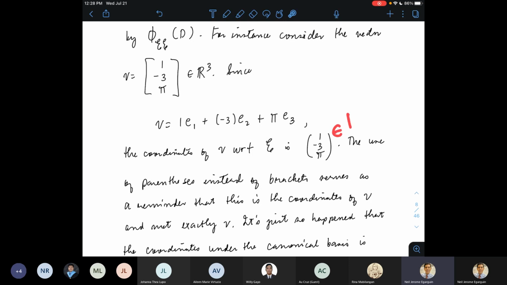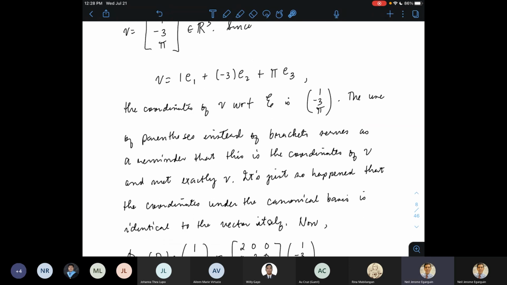So itong coordinates na to, element siya ng Fn or F3. Yung vector elements, manggagaling siya kay R3 or kay V. All right. So again, from now on, I will use parentheses to denote coordinates. At ang laman niya lang ay mga scalars. Okay? Kaya manggagaling dun sa field.